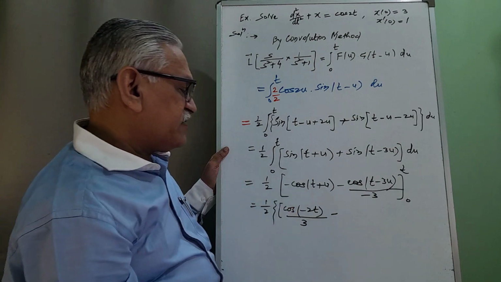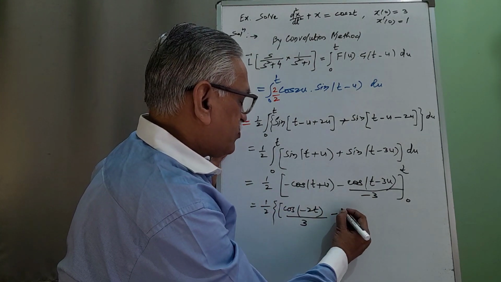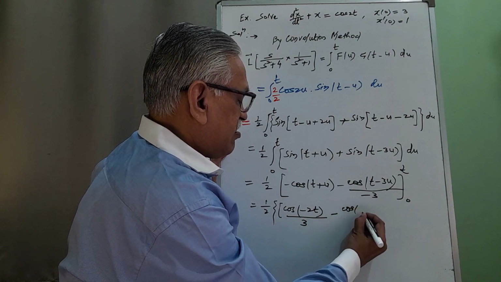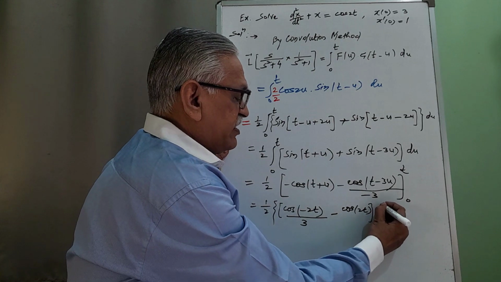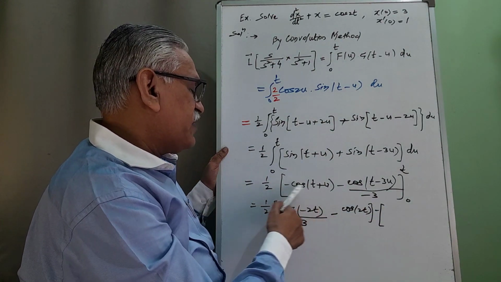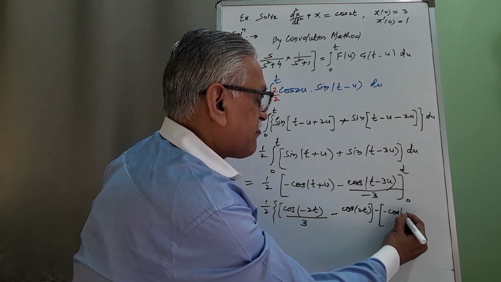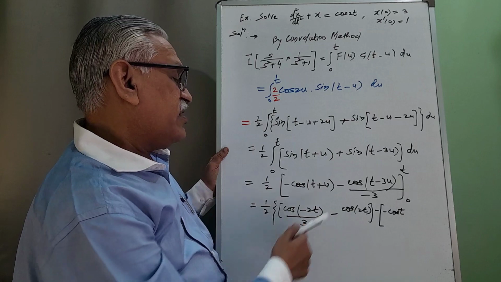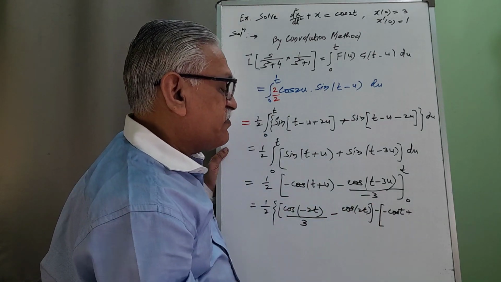This one with minus sign. u as t, t plus t, we get cos 2t for upper limit. Then minus lower limit, u as 0, therefore this becomes minus cos t, and minus minus plus, u as 0, therefore it is cos t by 3.